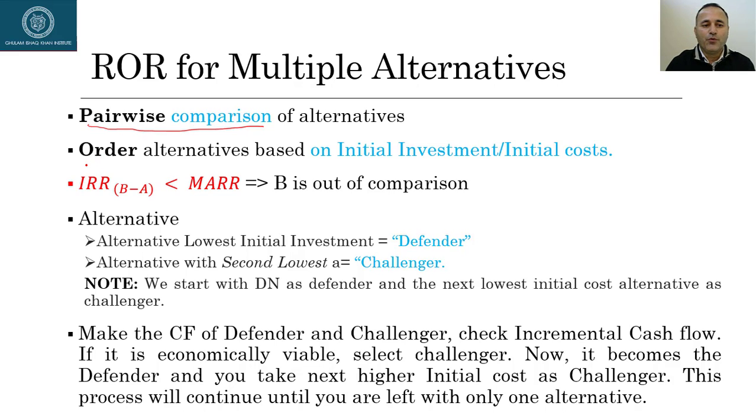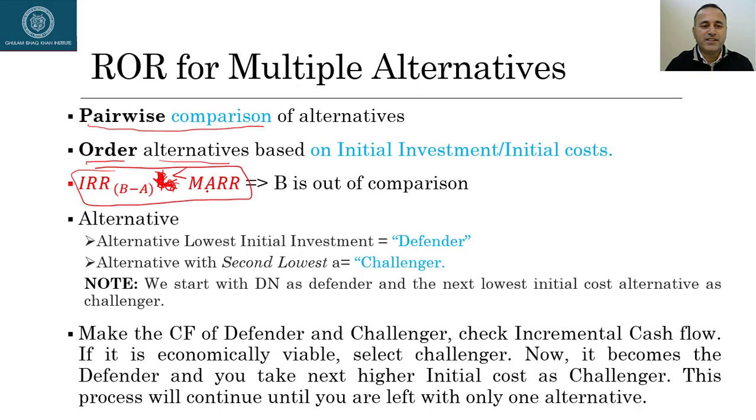So we order the alternatives and see if the IRR associated with incremental cash flows is greater than or less than MARR. I apologize, this has to be greater than or equal to MARR. Sorry, this is less than, that's fine.